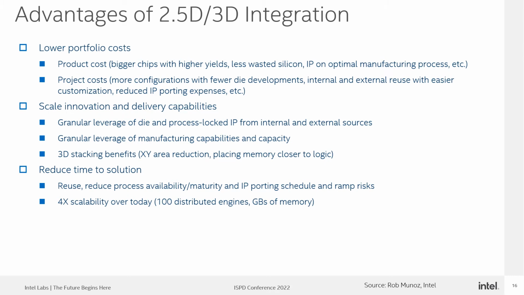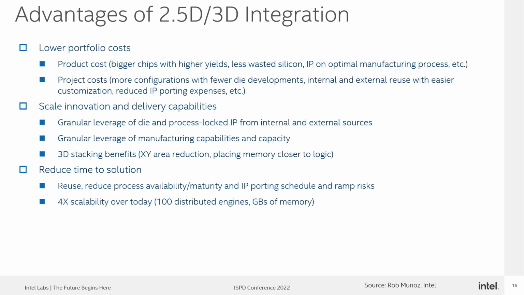And of course, there is an XY area reduction, memory comes closer to the logic, so we get better performance. All of this reduces the time to solution. We can reuse and reduce process availability, maturity, and IP porting issues. We can reduce the schedule and ramp risks.